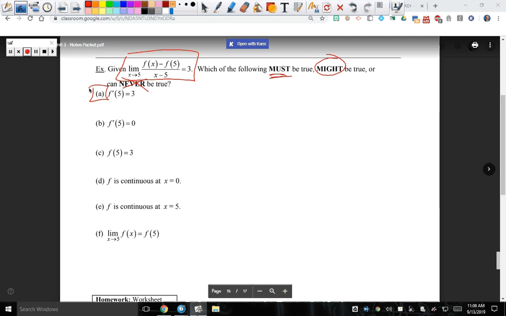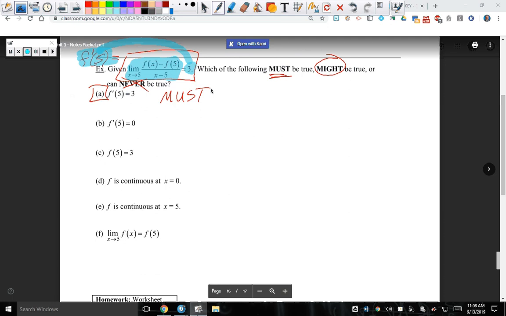John, is that must, might, or never? Must. Because look, this is the derivative equation. All of this is equal to f prime at 5. So if it's equal to f prime at 5 and all this equals 3, then it must be true that the derivative at 5 is 3.